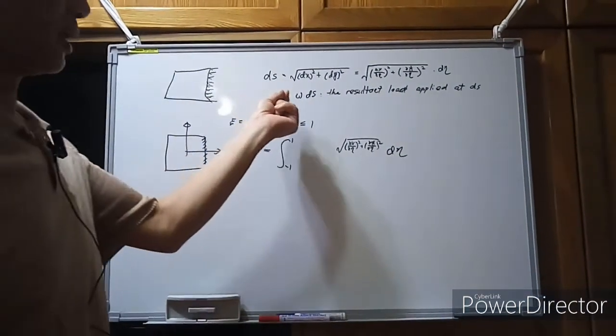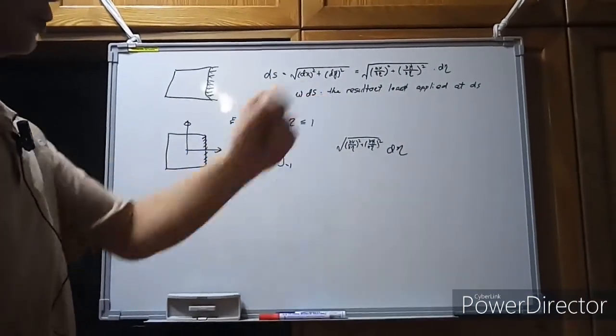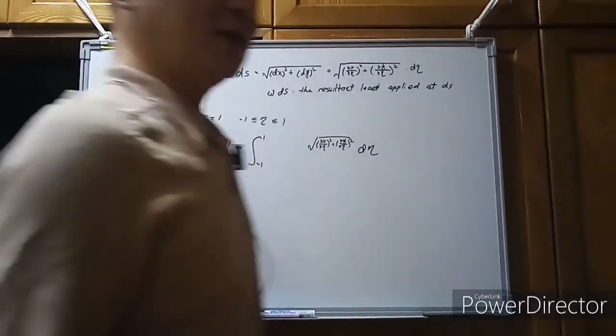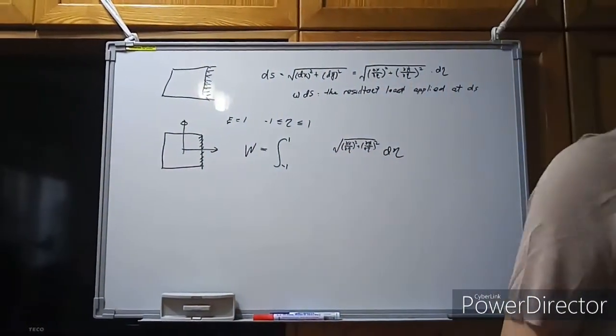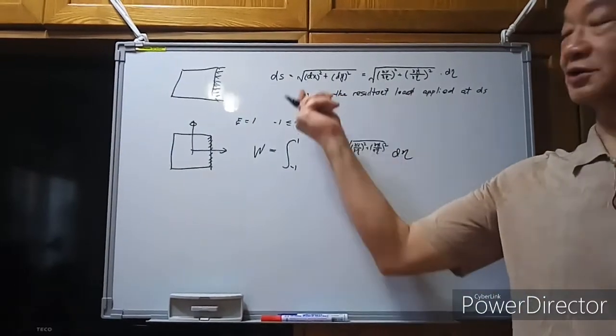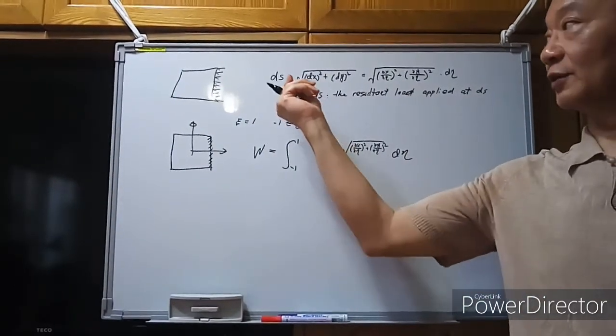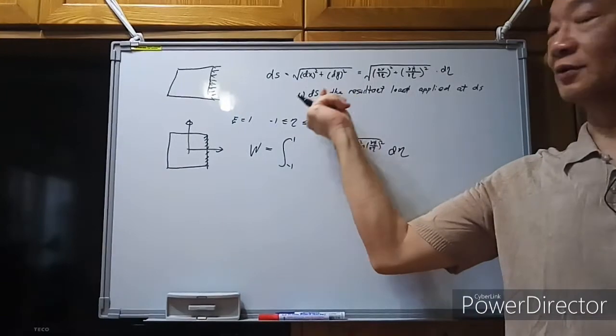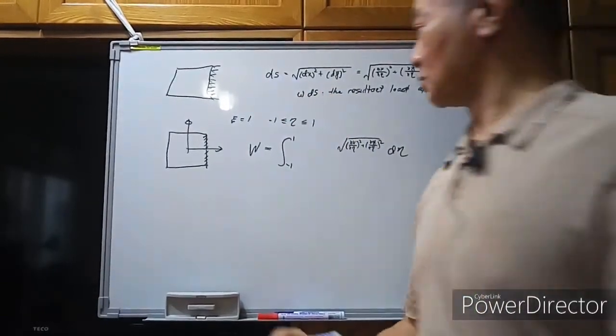We need to multiply the distributed loading w by ds, then we can get the resultant load, which is obtained from the distributed loading w multiplied by ds.